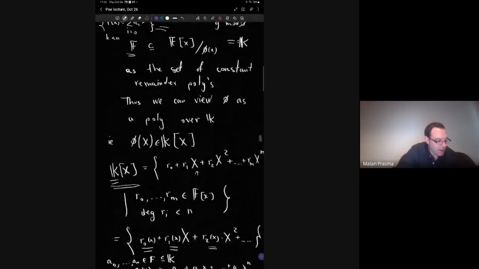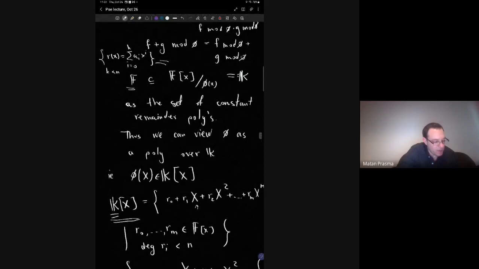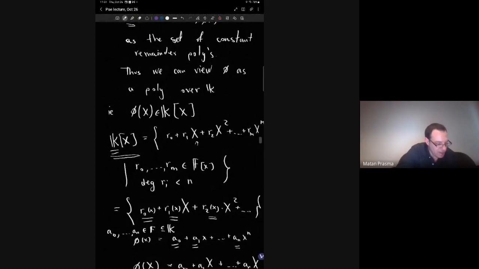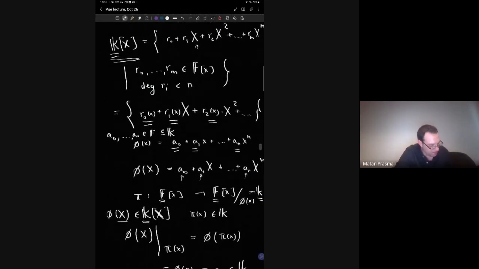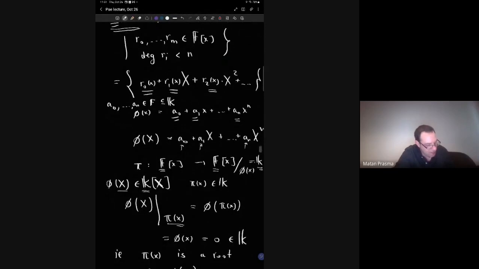Right, I took a polynomial phi, let's say it was prime, and I constructed K, and then suddenly phi, when viewed as a polynomial over K, had a root pi of x.